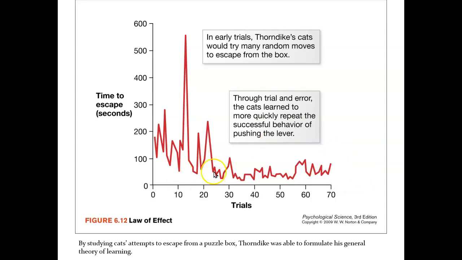We do know that the cat learned that it had to press this certain lever to open the box. It's just sometimes it took it 100 seconds, and sometimes it did it in 20 seconds. But there was a decrease in how long it took. Cats did get faster and faster at getting out of the puzzle box.